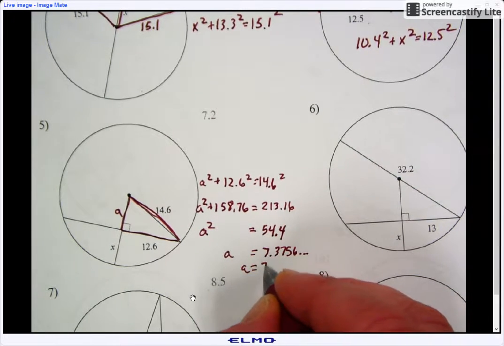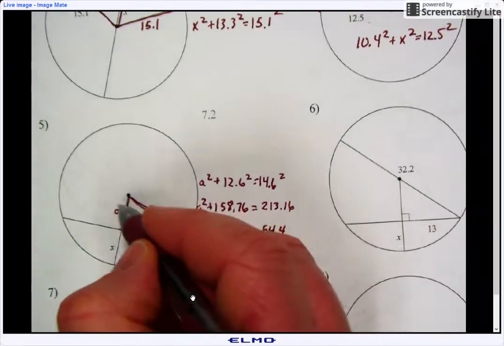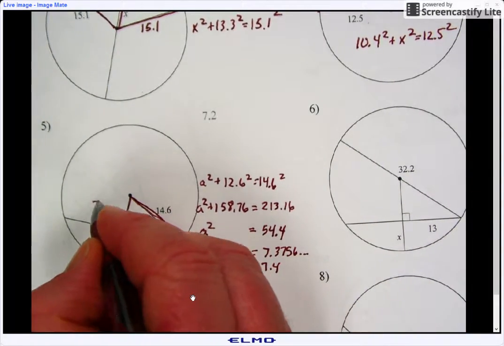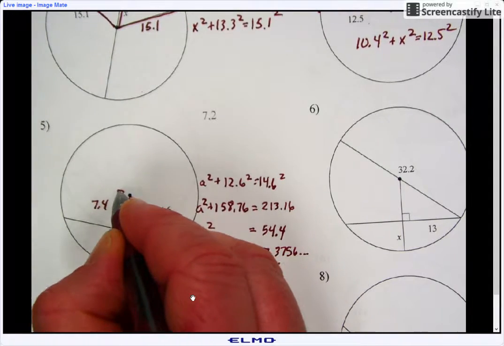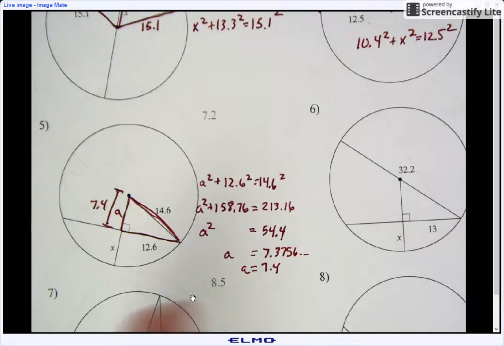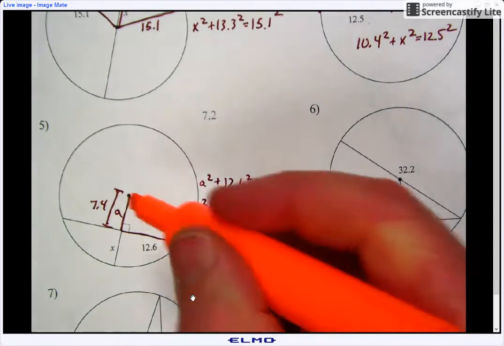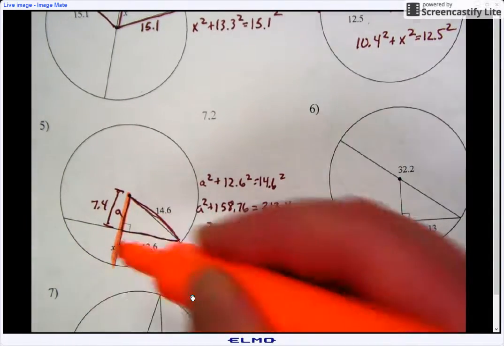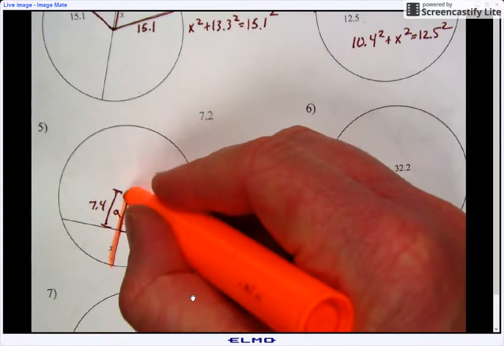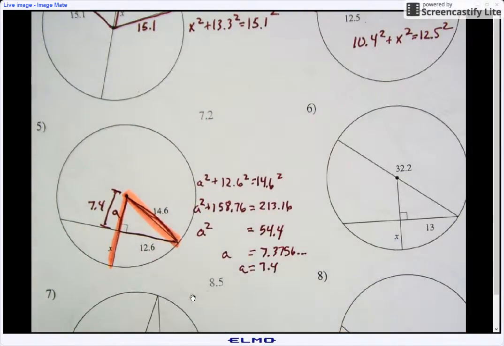That means I can look at my picture and put 7.4 as this distance right here, because that's what a is. This is why when you get stuck, you highlight the radius, because this whole thing is the radius. I don't think they look the same length, but when you highlight them, you can notice it.